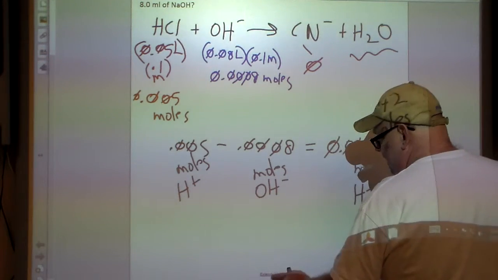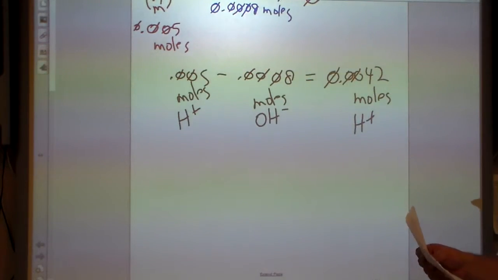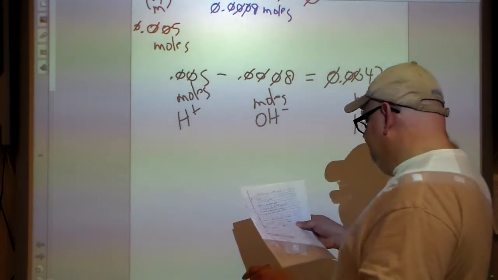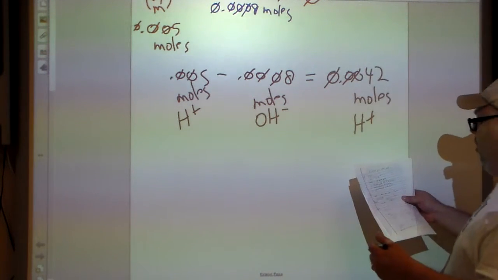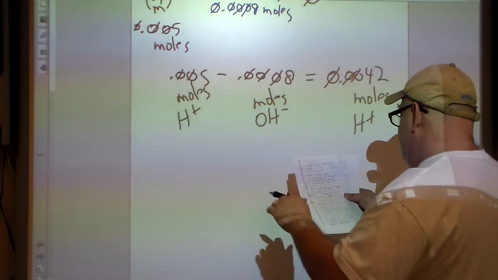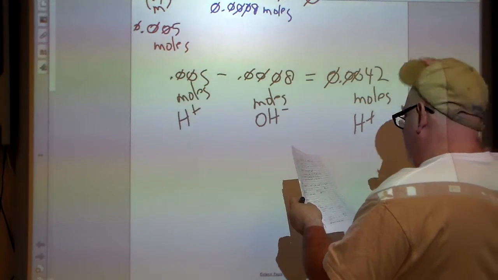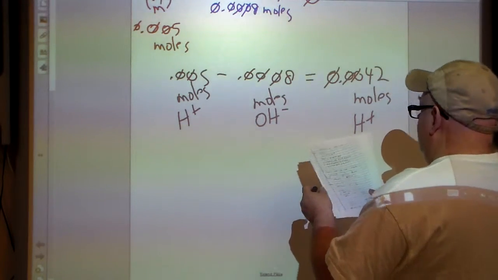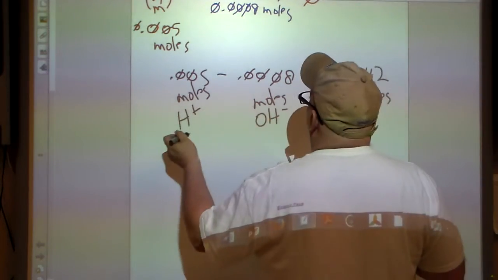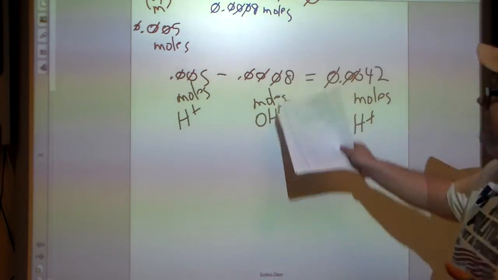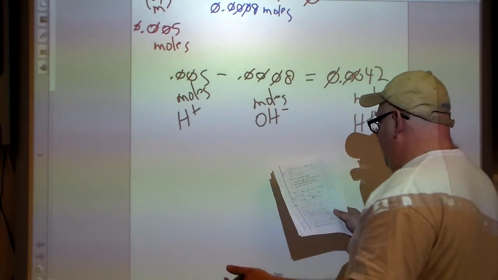So there is a remnant that's there. Okay? Now, we've got the moles, and we also know that the OH is going to cancel out. The OH is going to be eliminated, so we know that.